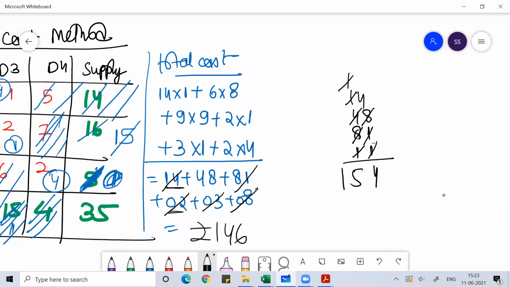Then 2, then 3, then 8. 8 plus 3, 11. 11 plus 2, 13. This is 13, 156. You'll get the value 156.